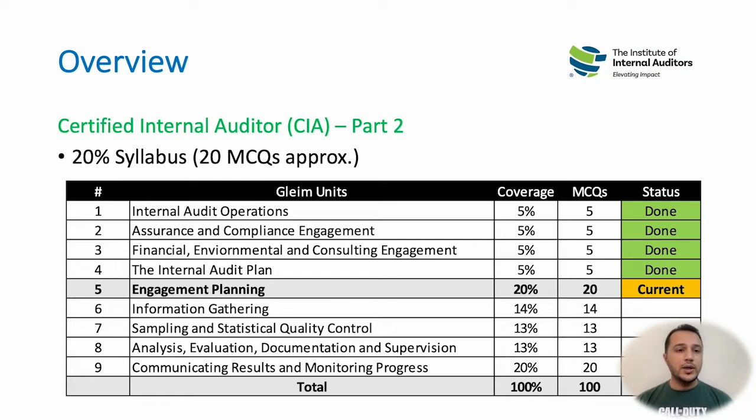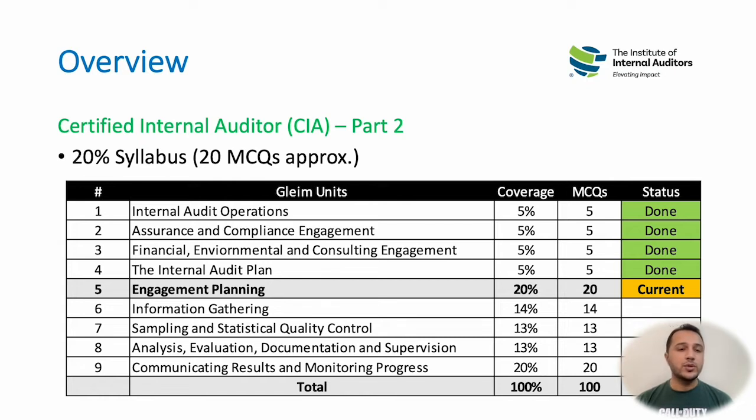There are 9 units in the CIA Part 2 exam, as per the Gleim publication. However, whichever publisher you use, whether Hock or any other, the concepts remain the same, so it doesn't make a big difference.